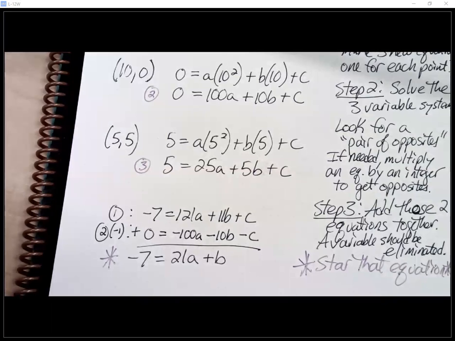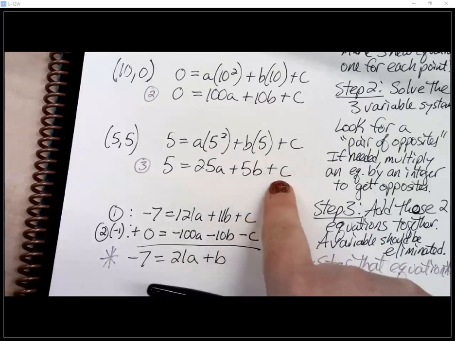So here's the thing that you have to do now. You have to use the original equation that you haven't touched yet. I haven't even used equation number 3 yet. So I have to use that one, and I have to eliminate the same variable that I eliminated right here. Now, I can eliminate variable C with either equation 1 or 2. It doesn't matter.